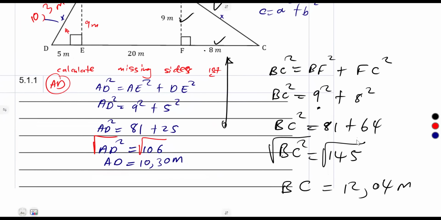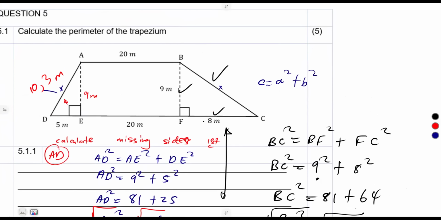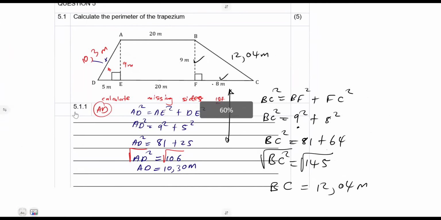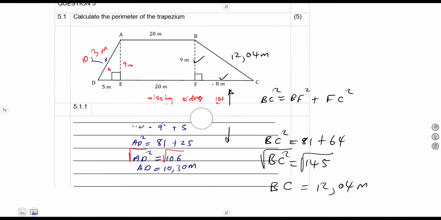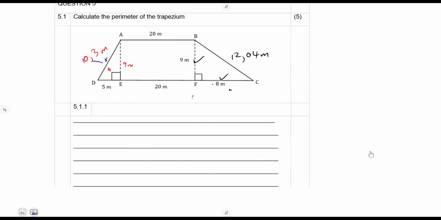So we can determine our perimeter, 12.04 here. So perimeter is the distance right around the shape. So you combine everything around the shape. This helped us to determine the perimeter at the end of the day.